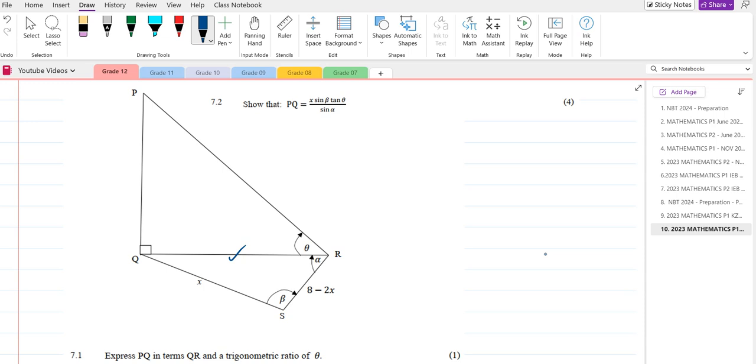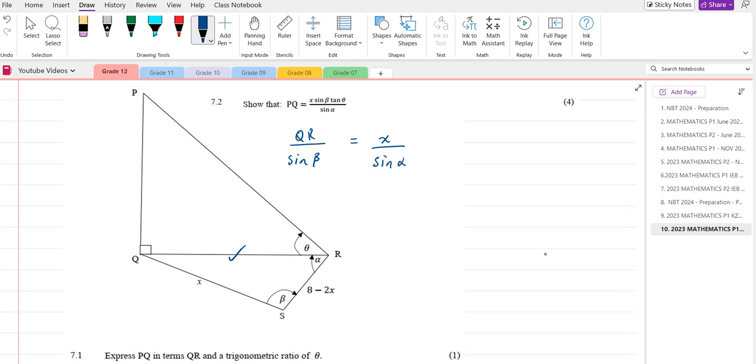How are we going to find QR? I think we can use the sine rule, right? So we can say QR, we got x here, we got x there, we got angle, side. So we can say QR over sine beta is equal to x over sine alpha.